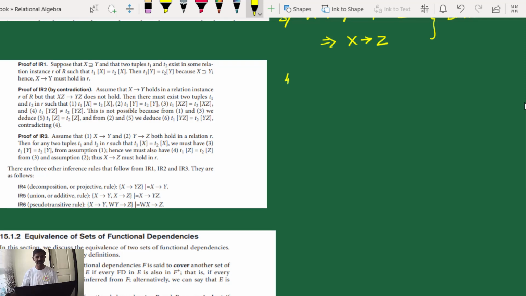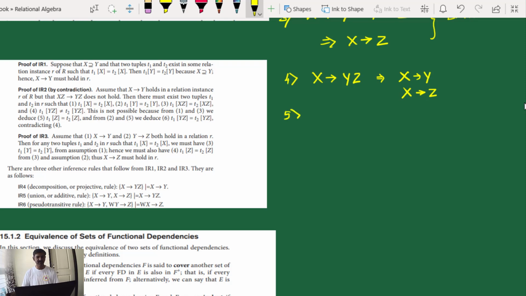The fourth is called the decomposition rule. If you have X arrow YZ, then you can write it as X arrow Y and X arrow Z. It means the right hand side set of attributes can be decomposed and the left hand side X remains the same. So this is the fourth inference rule.